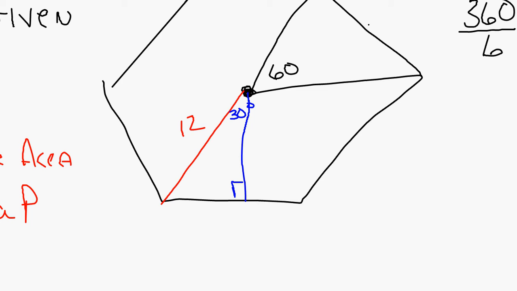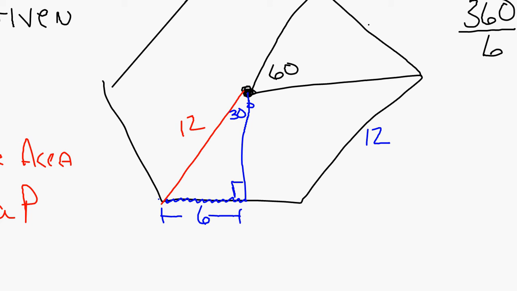Don't 30, 60, 90s have special rules? What's the relationship between the hypotenuse and the short side of a 30, 60, 90? It's half. So what is 12 divided by 2? 6. So if this piece is 6, what's the entire side? 12.